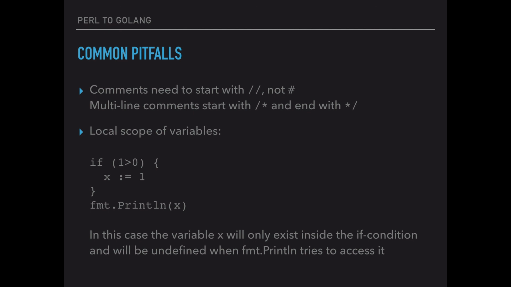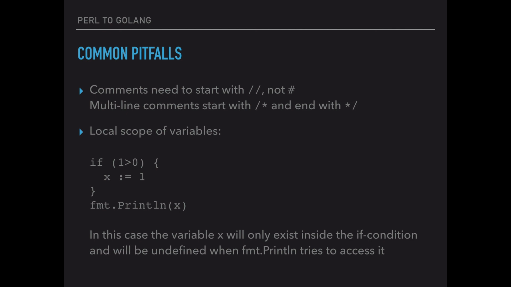Another important pitfall in Go is scope. In Perl, variables are global by default. In Go, they are not. In the previous slide, we saw how variables are handled in functions. Here we see the variable x being defined inside an if statement using the shorthand form. Afterwards, we try to print the variable, which fails.